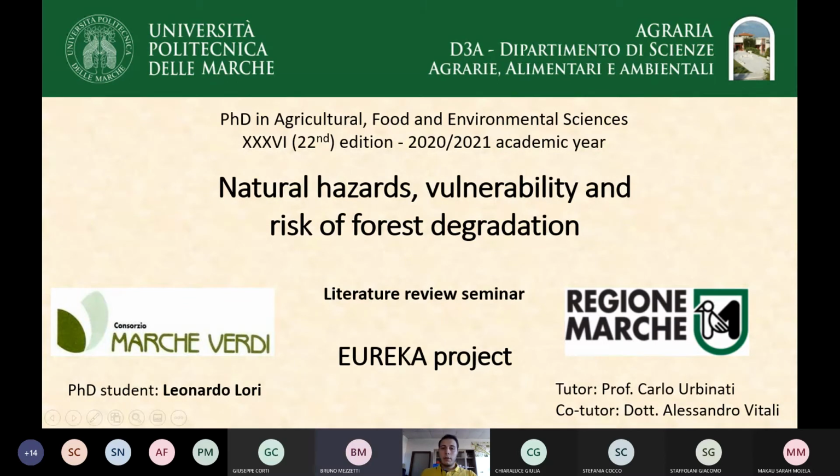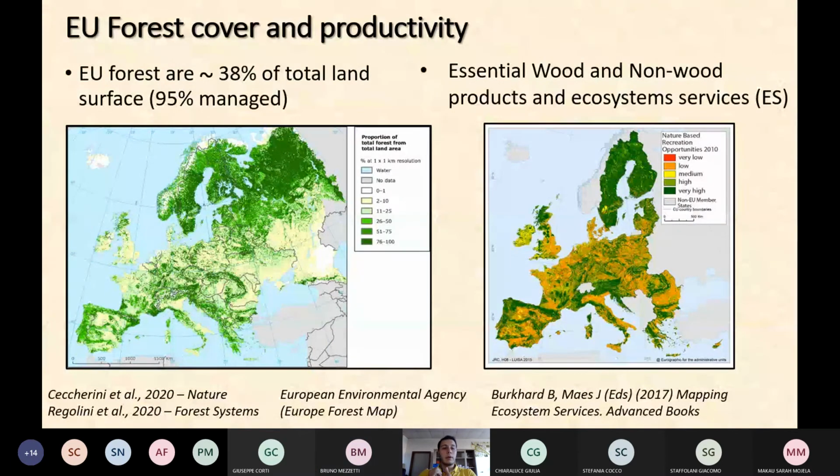Perfect. So, in the European Union, forests cover about 38% of the total land surface, and of this 38%, 95% of the forests are currently managed. In Italy, there is a similar situation with a forest cover of around 35%, but contrary to the rest of Europe, they are currently largely unmanaged.